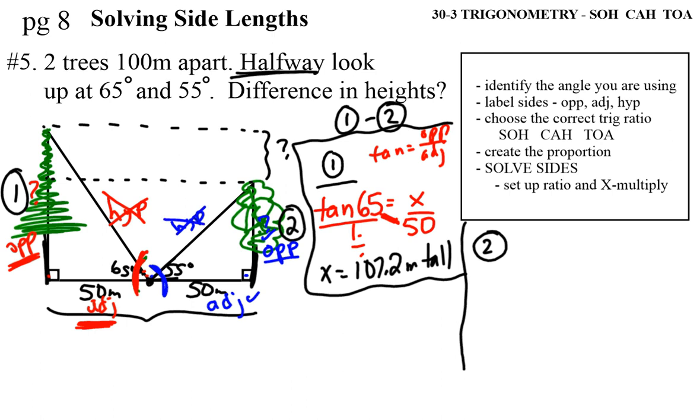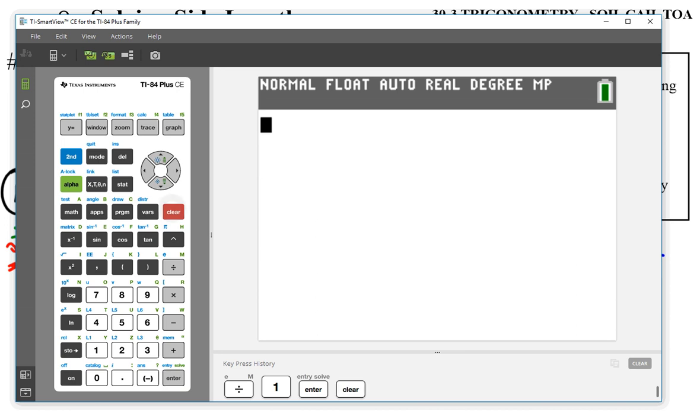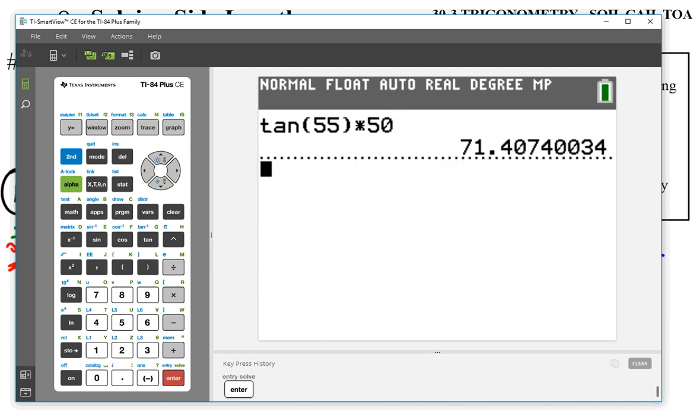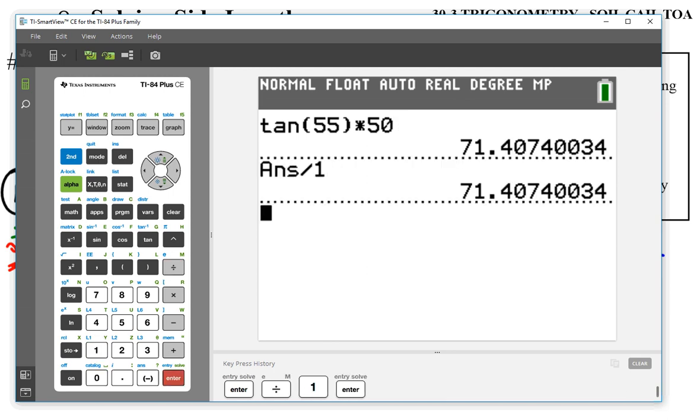Hypotenuse does nothing, which again is going to be tan. 55, opposite over adjacent, x over 50. Set it over 1 and cross multiply to find a side length. Tan 55, close our bracket, times 50, divide by 1, gives us 71.4 for the height of the tree.